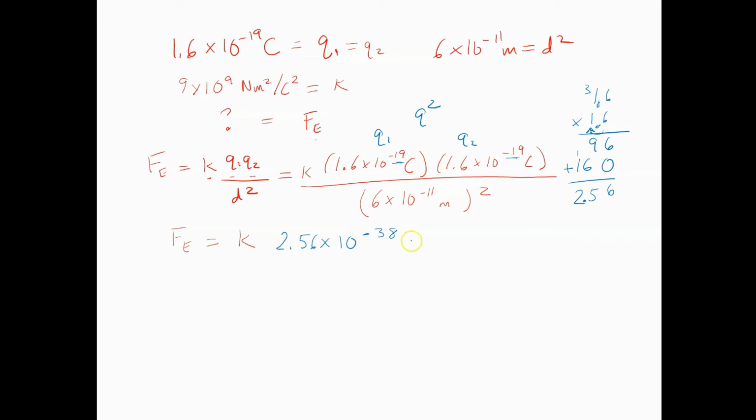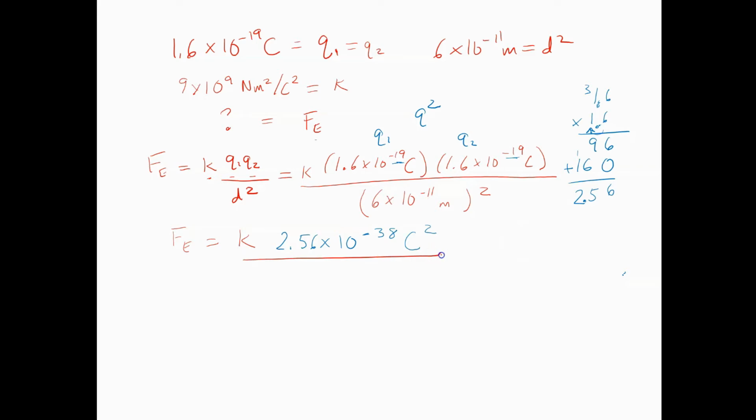Coulomb times coulomb is coulombs squared. Now you can definitely use a calculator. One of the things I want you to recognize is that you can do scientific notation on the 4-digit calculator in the sense that we just multiply, we add, and we divide these values.